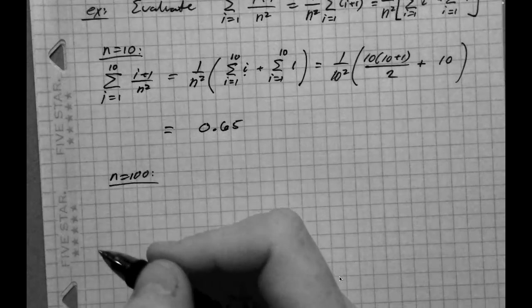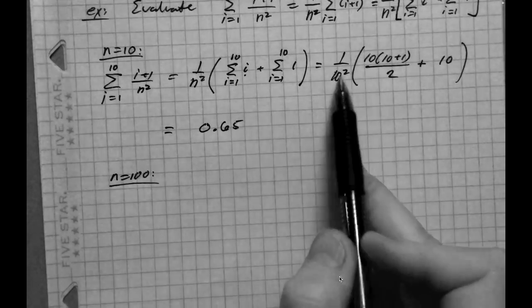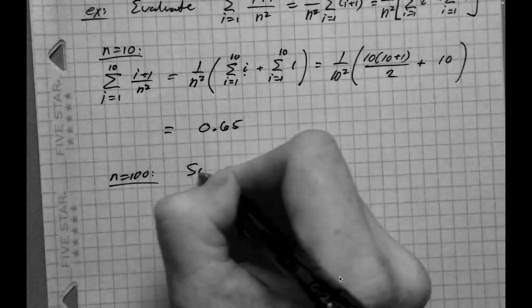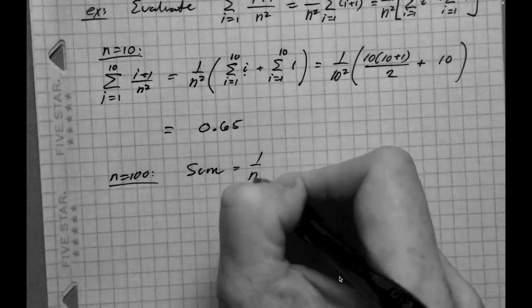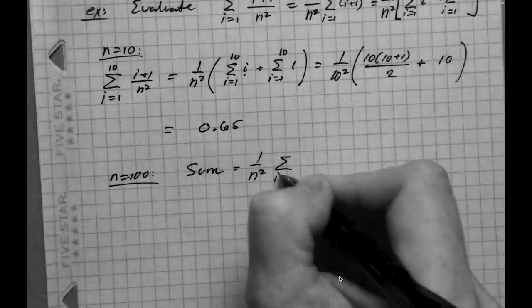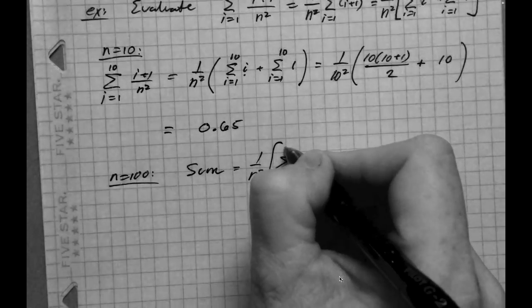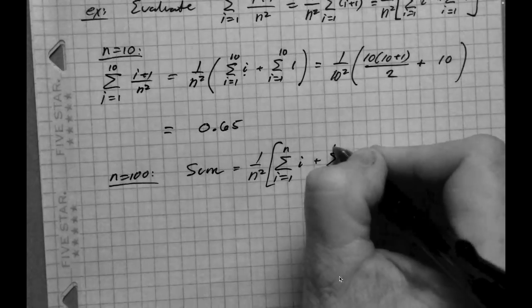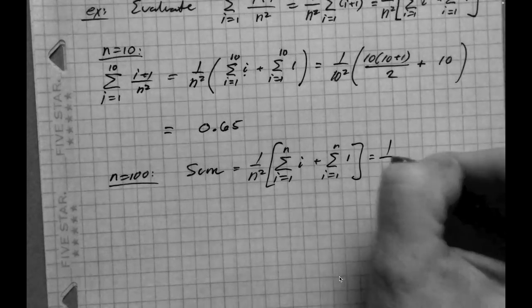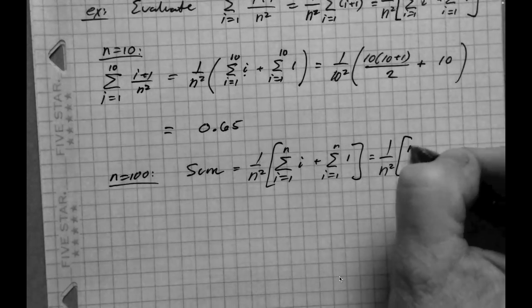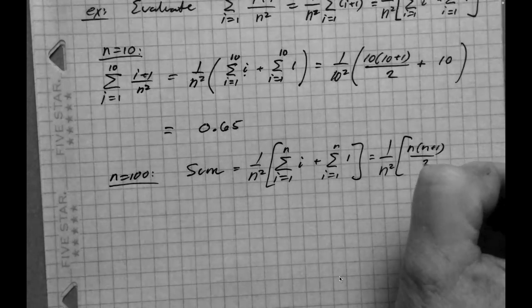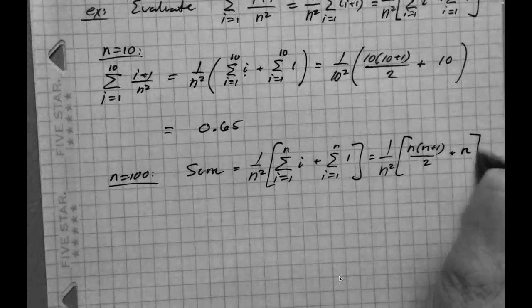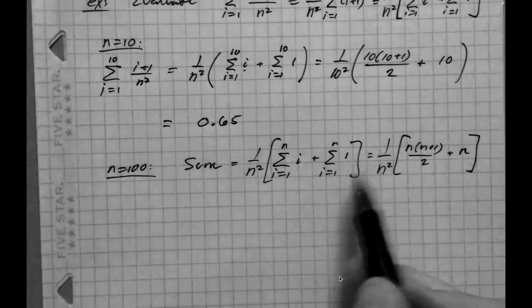Well, for n equals 100, the sum is going to have this same form in each case. So the sum will be 1 over n squared, and then i equals 1 to n of i plus i equals 1 to n of 1, which we know is 1 over n squared, and then it's n times (n plus 1) over 2 plus just n in this case, since you're adding 1 to itself successively.